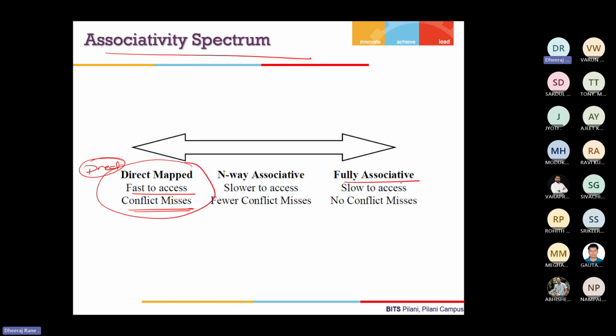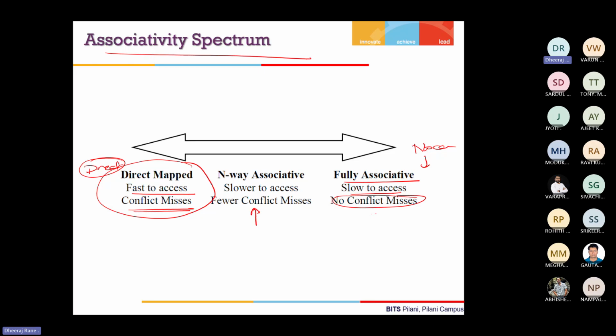While in case of fully associative, you can see that it is somewhat slow to access because the number of comparisons will increase drastically. But here no conflict misses will happen because you will be having ample option to store the block.